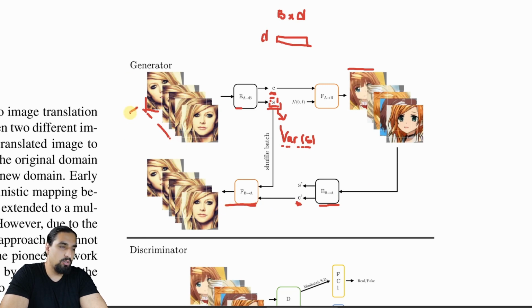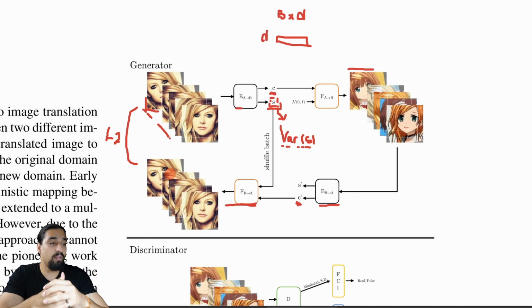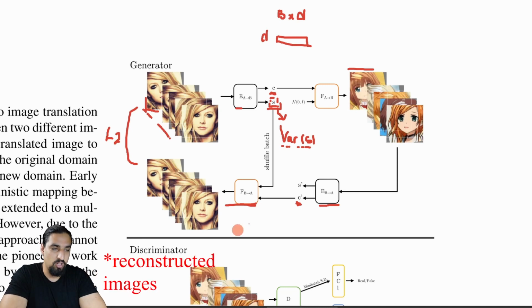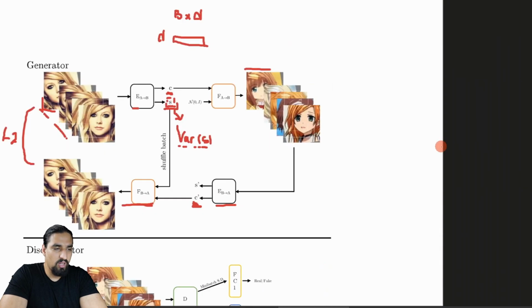So they'll just do L2 distance between the batch of real images that had some augmentations applied and this batch of generated images. By doing that, the network will learn how to preserve the content code inside the generated images. The third component of the loss will be basically adversarial loss.